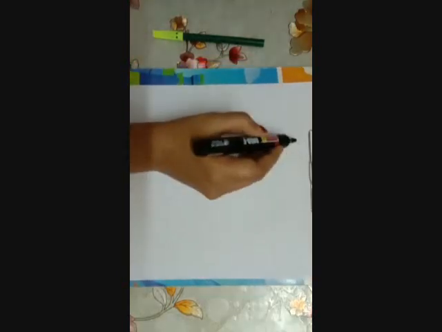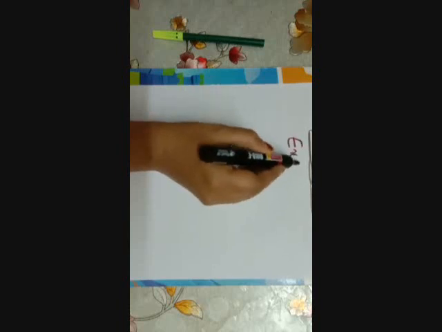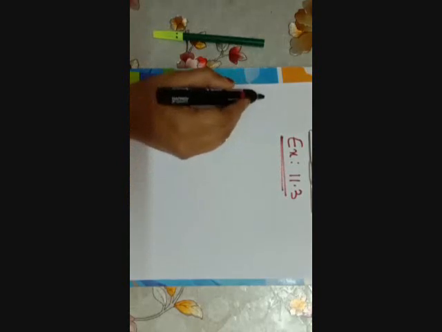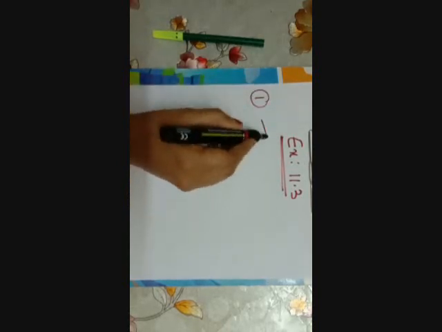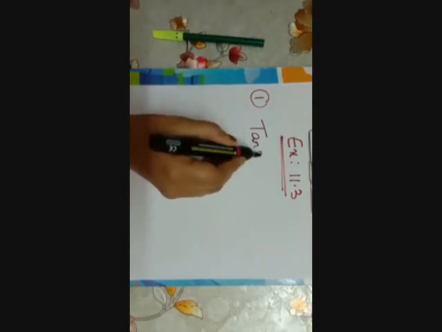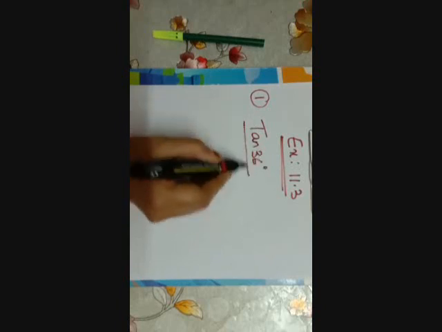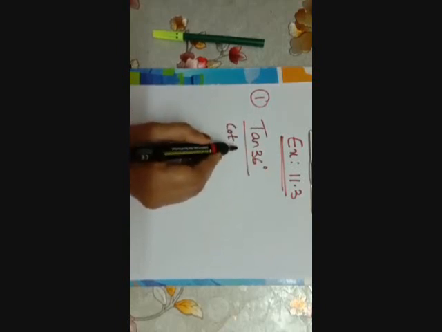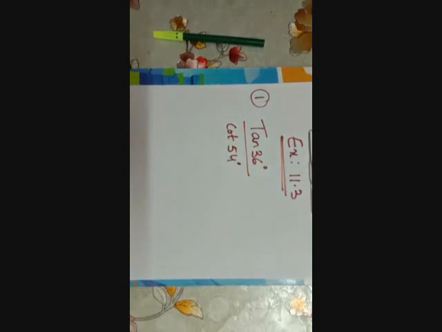Exercise 11.3. First question: tan 36 by cot 54 degrees. How can I write 36?